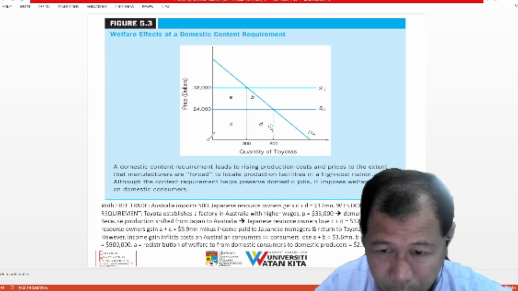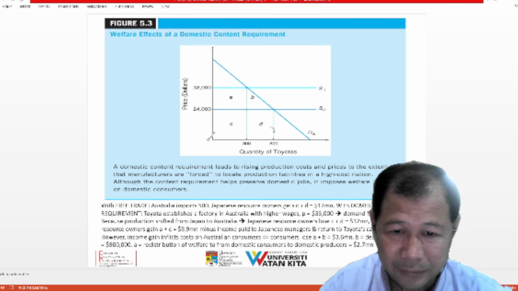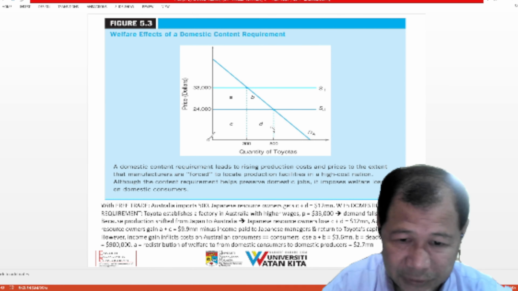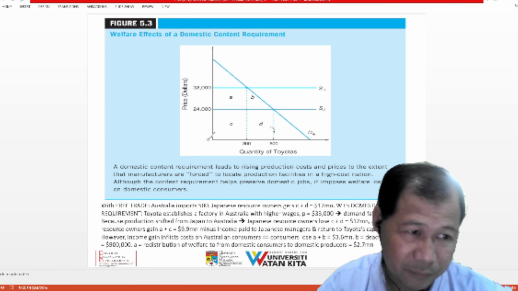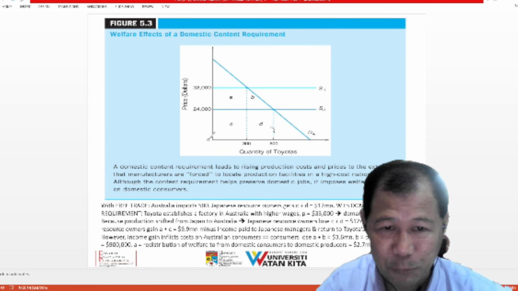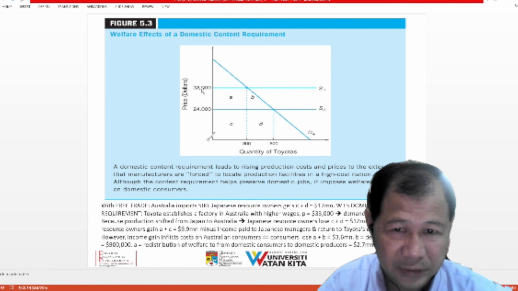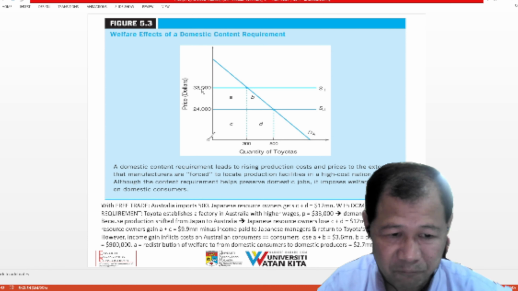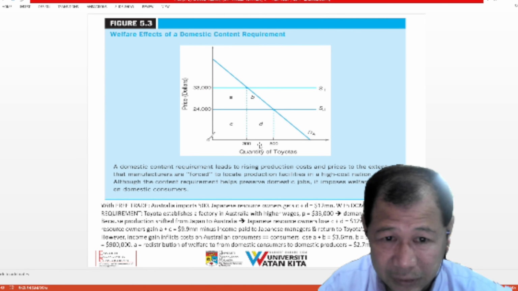Now with the domestic content requirement, Toyota establishes a factory in Australia, but at higher wages. So now P has come up to $33,000 per unit. As a result, demand falls to only 300.